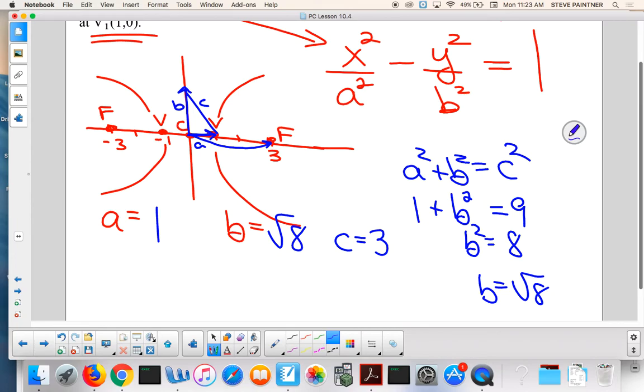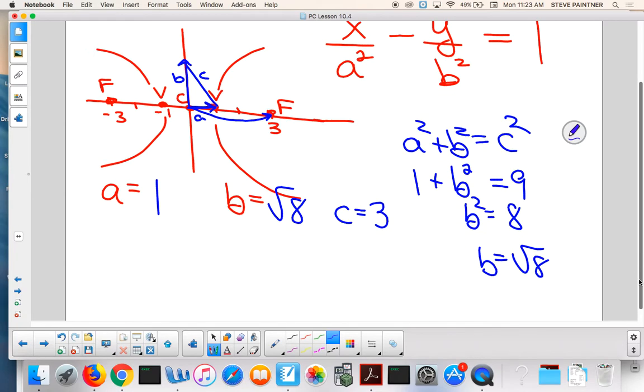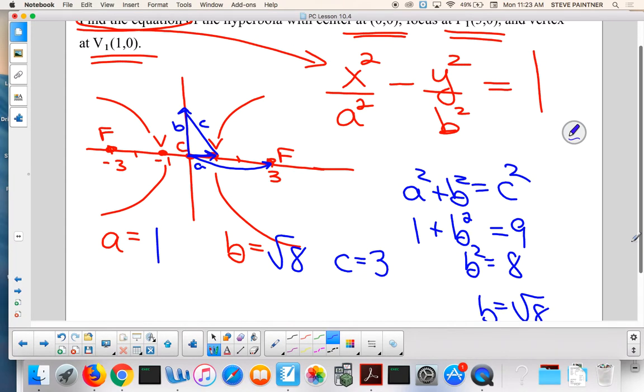Write the equation, right? So if I write the equation to this hyperbola, it's going to be horizontal transverse axis. Which one comes first, X or Y? Then Y. Okay. Underneath the first variable you chose, X, is A squared. Square the A. 1.